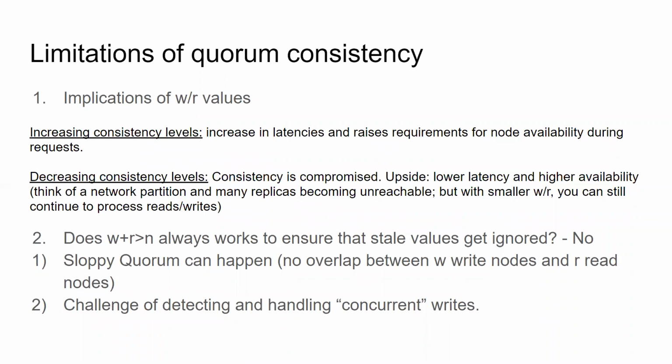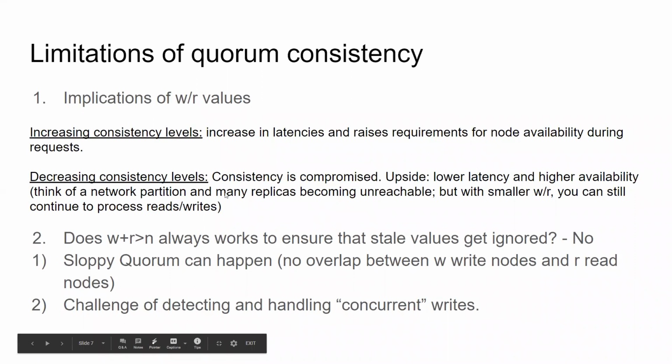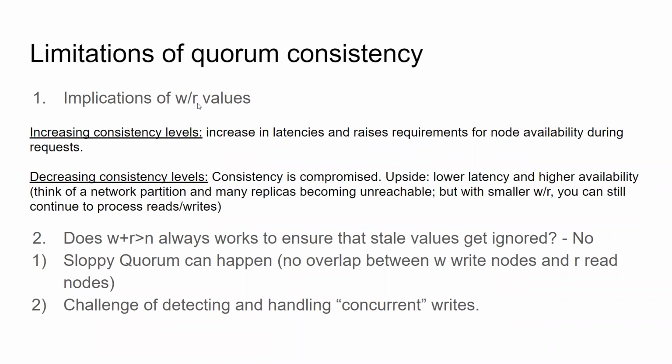Now, this seems to be a pretty nice model about this equation. But first of all, we talked about this thing, right? What are the implications of picking different write or read values? If you increase those values, then you have to wait for an acknowledgement from that number of nodes, and that will increase latency. But if you decrease those values, then your consistency can be compromised.